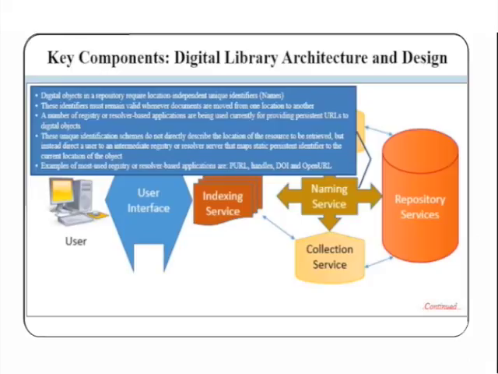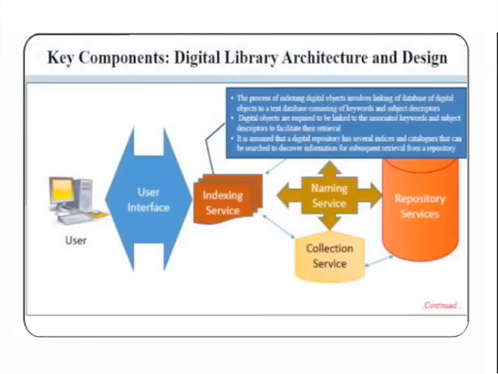These unique identification schemes do not directly describe the location of the resources to be retrieved, but instead they direct users to an intermediate registry or resolver server that maps the static persistent identifier to the current location of the object. The most used registry or resolver-based applications are PURLs, Handles, DOI and OpenURL.